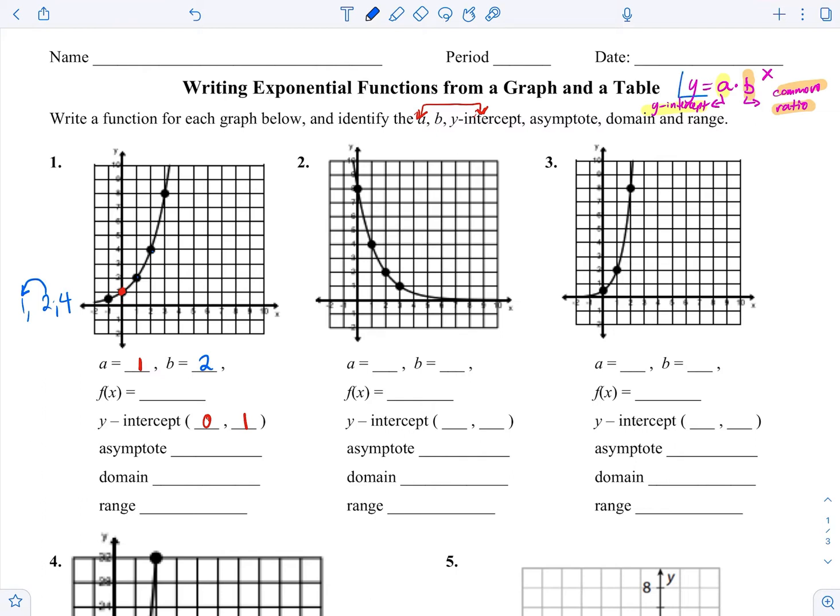Remembering that the exponential function is y equals a times b to the x, also known as f of x equals a times b to the x. So we write f of x equals 1 times 2 to the x. And just because our a is 1, we could really leave it as just 2 to the x. That's our exponential equation.